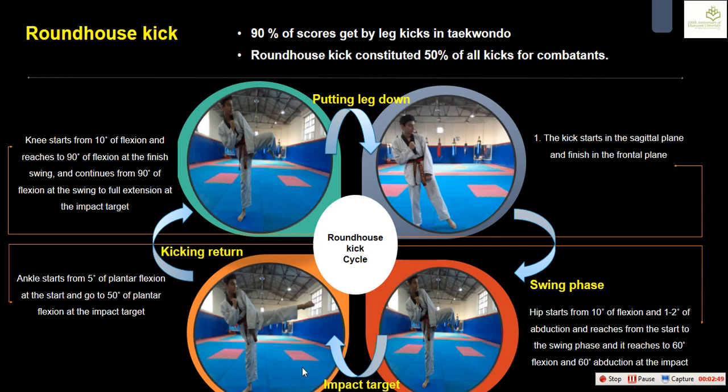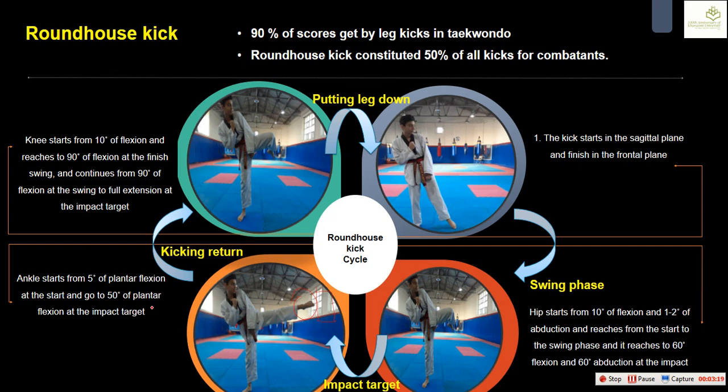The next step is the impact target. In this cycle, the ankle starts from 5 degrees of plantar flexion, and after that goes to 50 degrees of plantar flexion at the impact target.